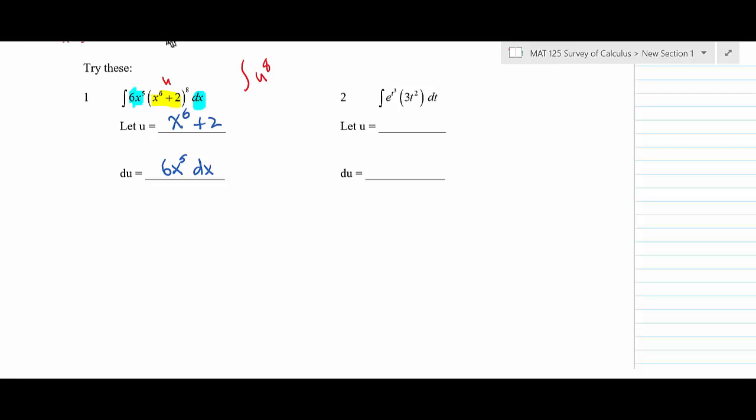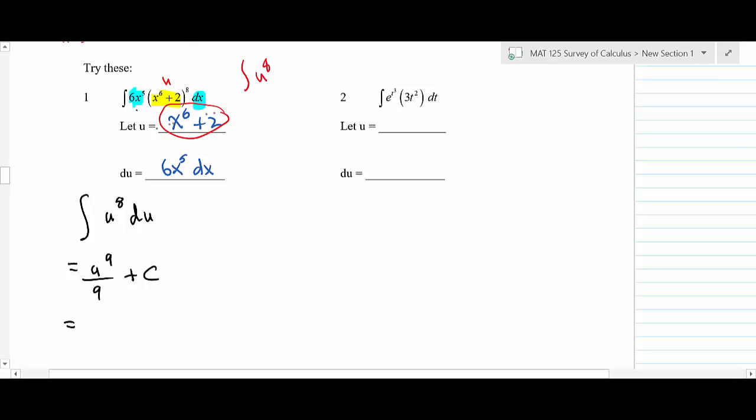Now, in your integral, what do you end up with? Okay, the part I have in yellow just becomes u to the 8th. The part I got in blue becomes du. Okay, what's the answer to that integral? U to the 9th over 9 plus c. Okay, and then what's the last step? Plug back in.